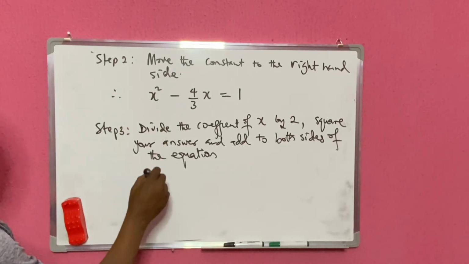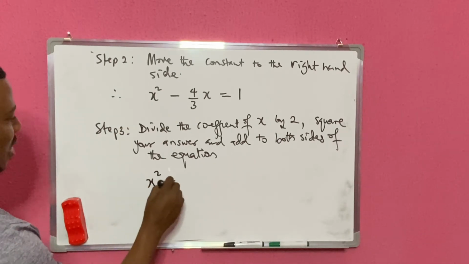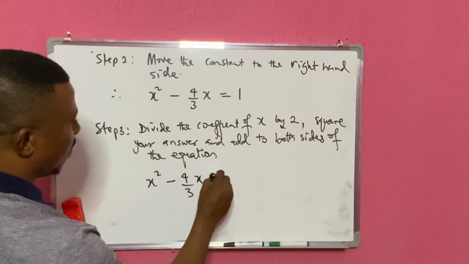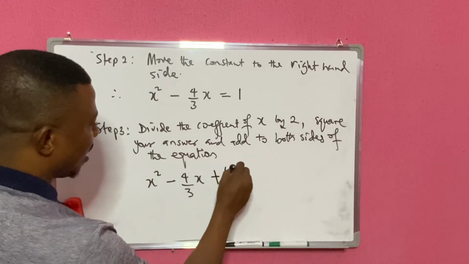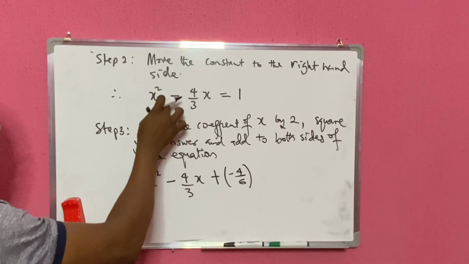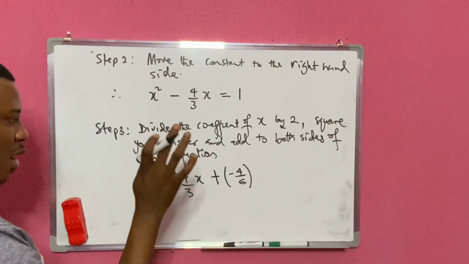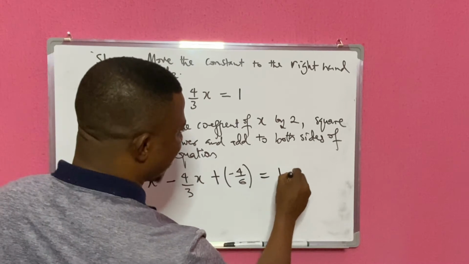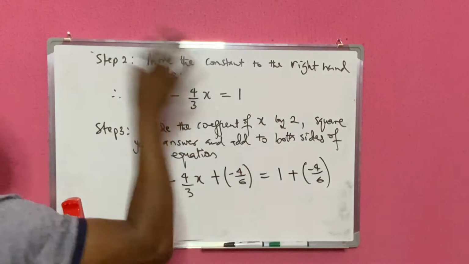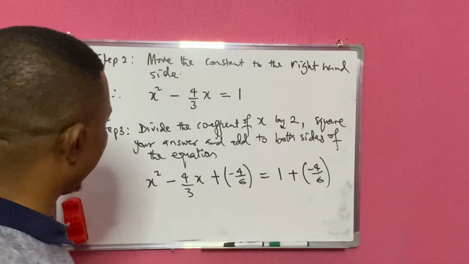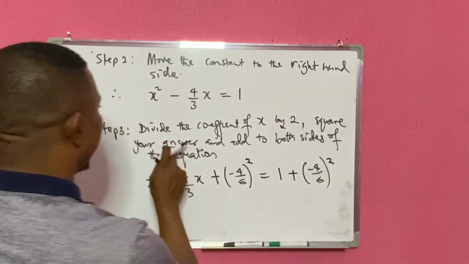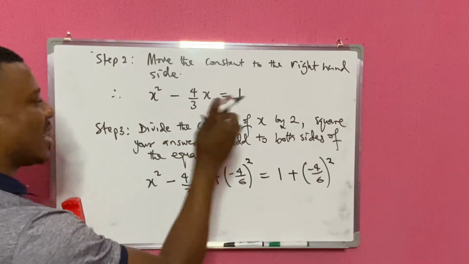You have x squared minus 4 over 3 x plus minus 4 over 6 squared. That is what I have gotten when I divide the coefficient by 2 and square it. I'm going to add it to both sides of the equation. I have performed this command. It said square your answer and add to both sides.